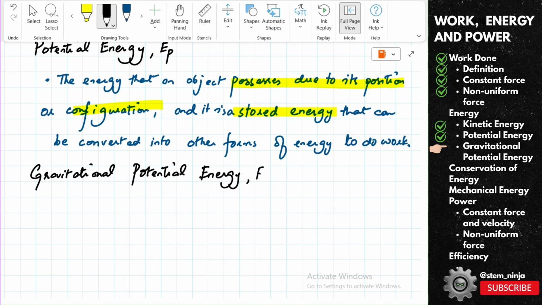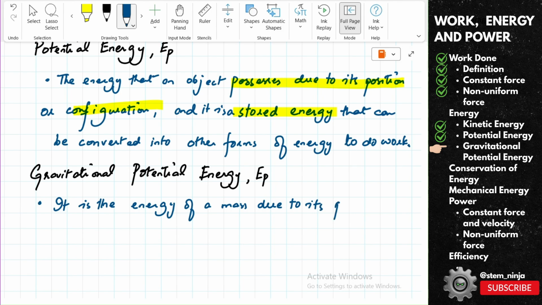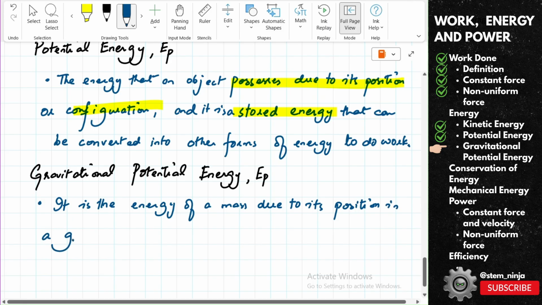For convenience, we will write it as EP also. So it is the energy of a mass due to its position in a gravitational field.